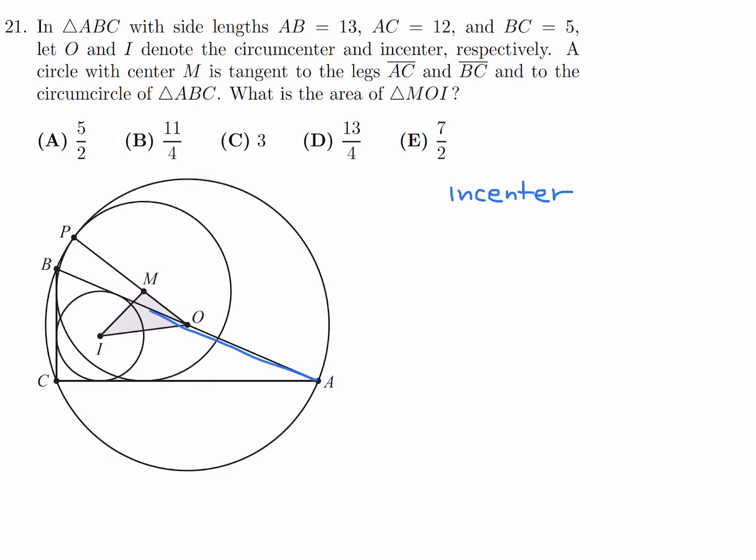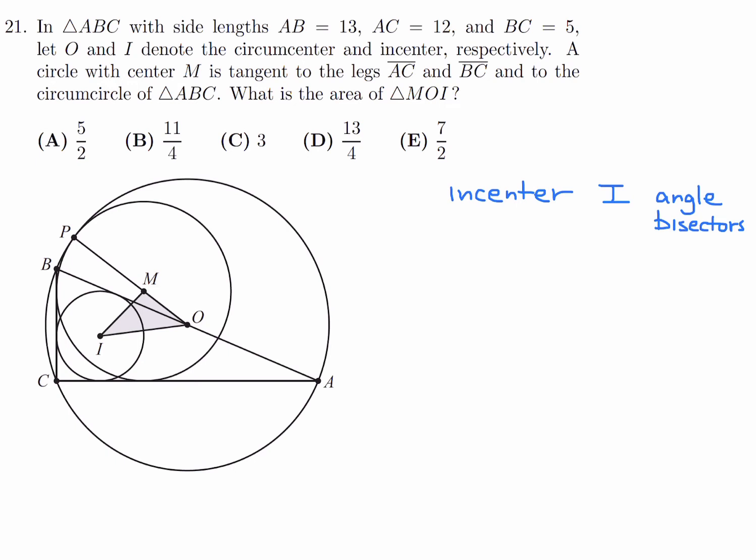So the triangle is ABC, and inside we have an inscribed circle, and the incenter is the center of that. Another way you could talk about it is where the angle bisectors meet. But in this case, I think it's easier to understand it as the center of that circle inscribed in the triangle. And they have denoted it I.